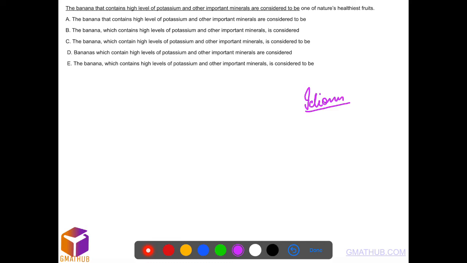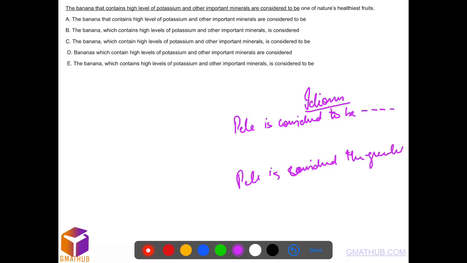The one particularly getting used here is, let's say "Pele is considered to be the greatest player," or "Pele is considered the greatest player." So "considered to be" is the wrong idiom as per GMAT, and "considered" is the right idiom. So "considered to be" is out.